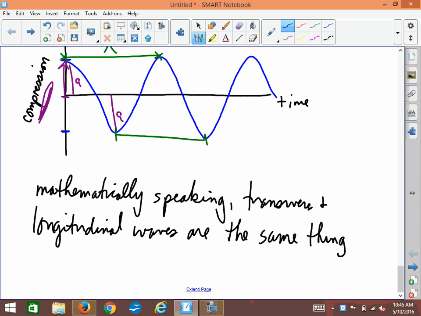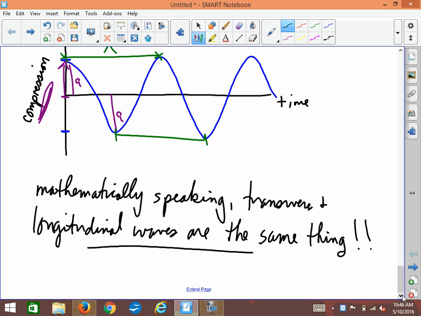So we have to get our head around the two types of waves and why they're a little bit different on the outside, why they appear to be different. But we can rest easy knowing that when we start describing waves, all we need is one set of mathematics. One set of equations, one set of numbers will describe all the types of waves that we need to worry about. So that means our life is incredibly simple.